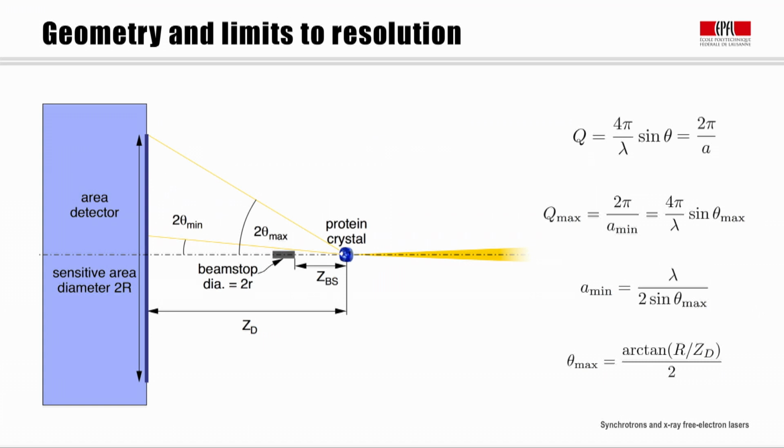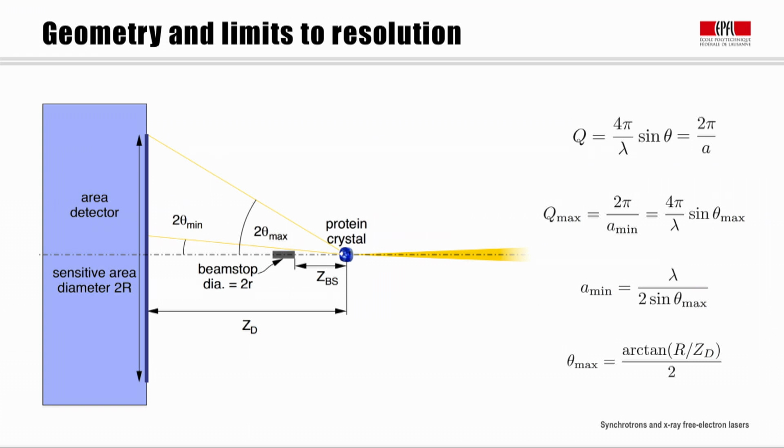What resolution can we expect for an MX experiment? The maximum scattering angle, 2θ max, is given by the arctangent of the area detector radius, R, divided by the sample-detector distance, ZD.